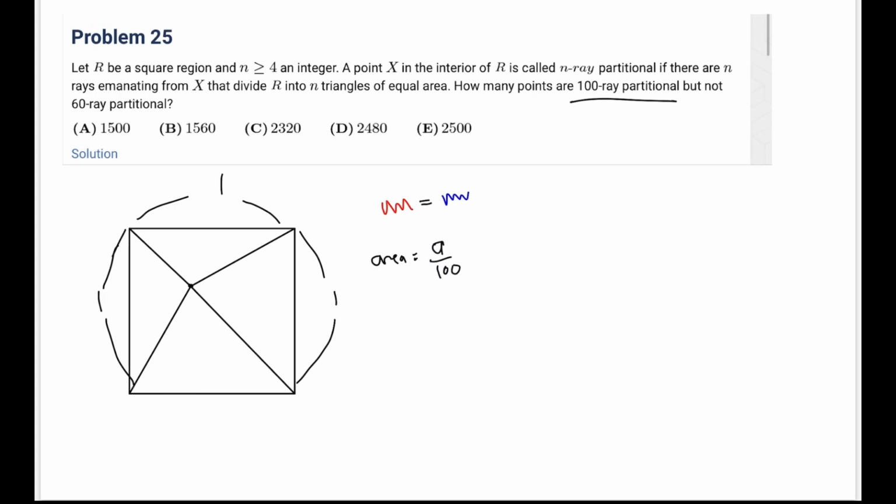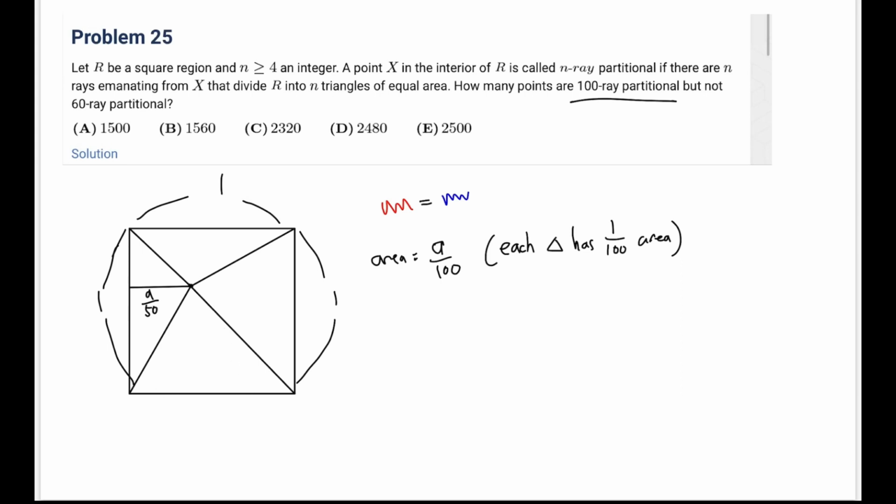Since each triangle has 1 over 100 area, the area would be A over 100, and so this height of the triangle would be A over 50, right?